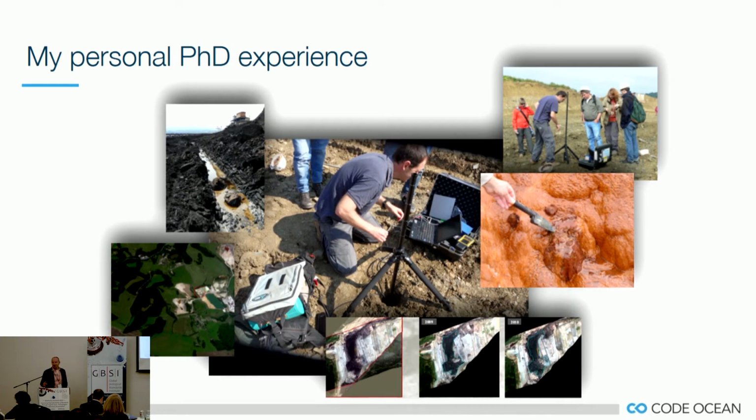So I did my PhD at Tel Aviv University and worked with the German Space Agency. We were going to the field, collecting ground truth samples, having satellite imagery at the same time, and we were studying the area for environmental impacts in coal mining areas.